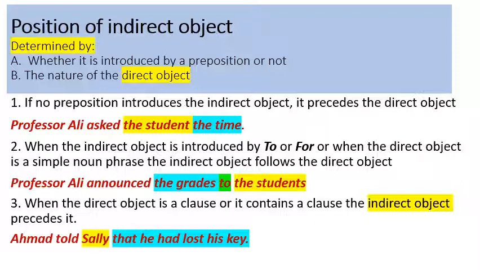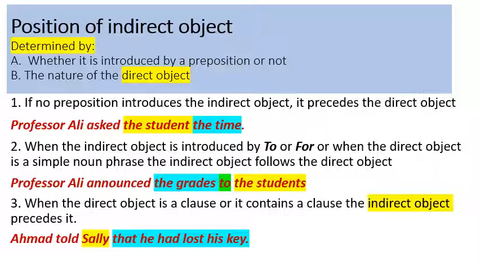In the first point, if there is no preposition that introduces the indirect object, remember students, it's always the indirect object which is preceded by the preposition. Okay? Keep this in your mind. If there is no preposition that introduces the indirect object, usually the indirect object comes before the direct object.